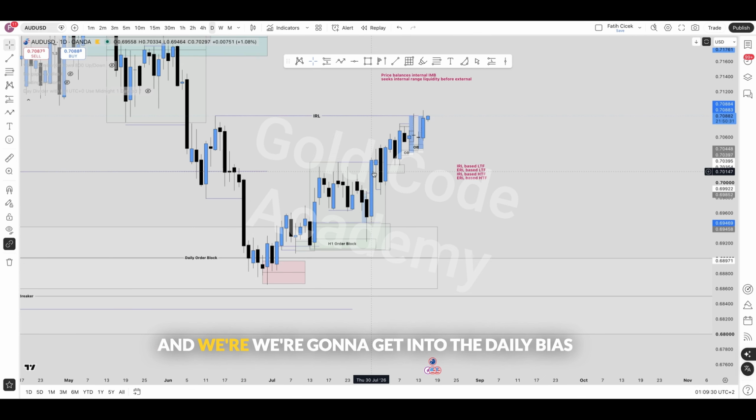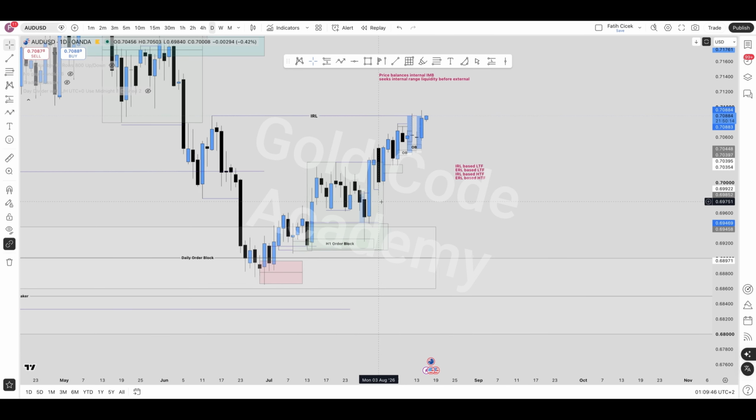We're going to get into the daily bias inside our course, but because we tapped into it and saw this rejection wick from this order block, it's 90% that the next candle is going to be bullish.